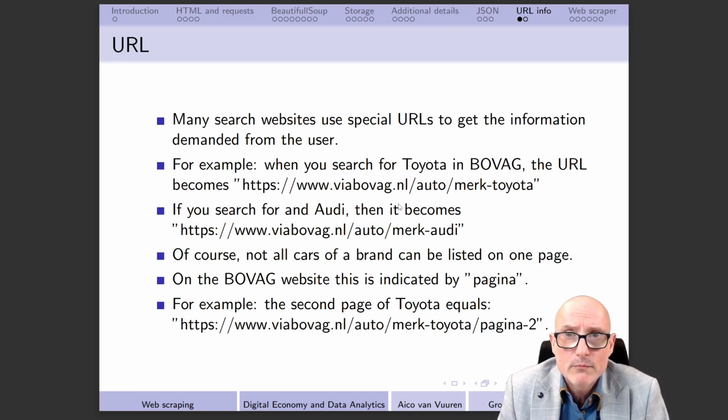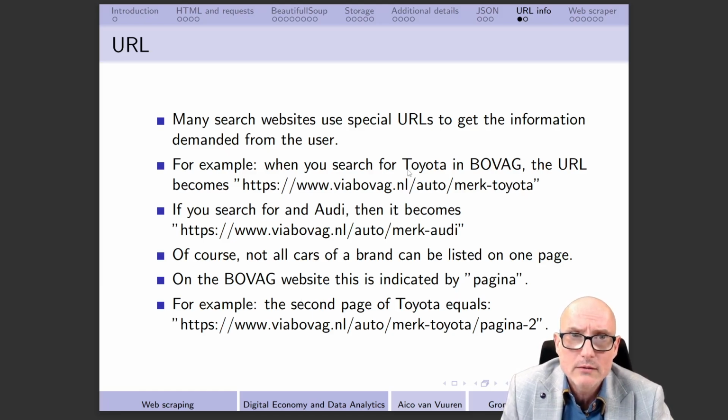And if we look at our example with respect to BOVAG, suppose that I would be interested in looking not just for a special Toyota, but at all the different Toyotas. Then I actually have to go to the following website.